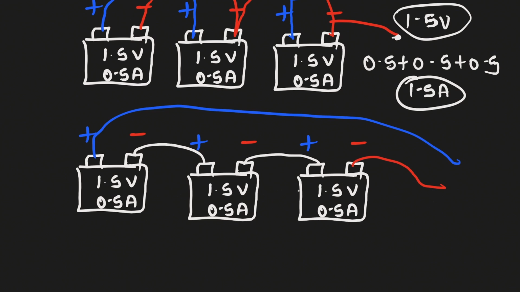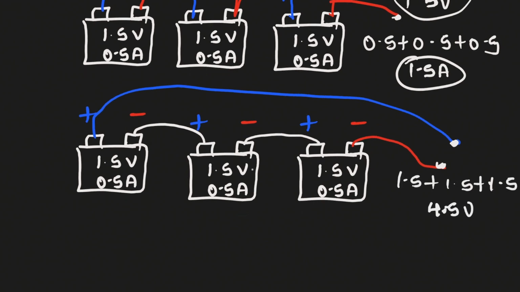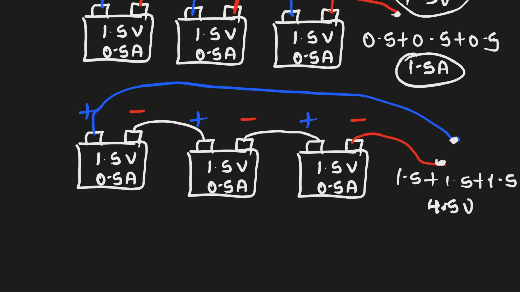The voltage from this output will be the sum of all these voltages, so 1.5 added three times gives us 4.5 volts. And since we are connecting in series, your current will remain the same. So the current will be 0.5 amperes.